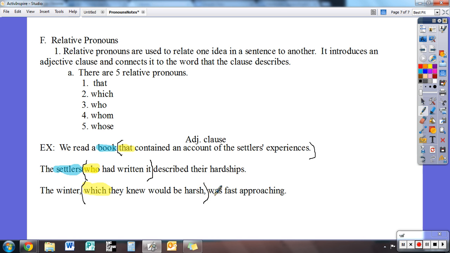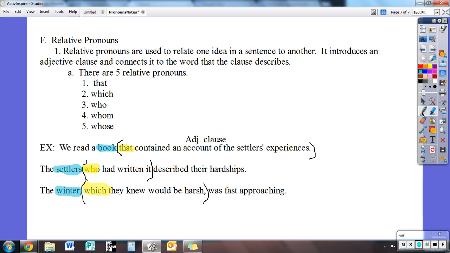The rest of this is the verb, that's the predicate, that's the end of the sentence. I know it's describing the winter. So which is our pronoun and winter is the antecedent. We know that this is describing and talking about winter.